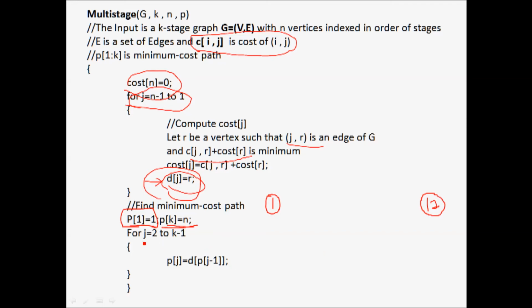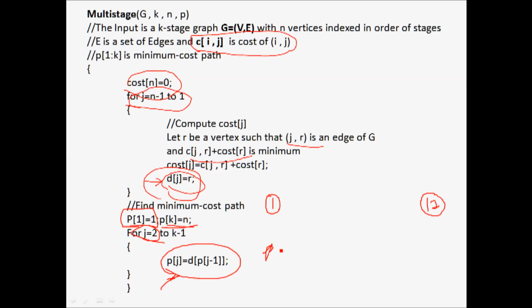Now the loop will continue from j is equal to 2 to k minus 1, and we have to calculate this matrix from the D matrix, such that p of j is equal to d of p of j minus 1.